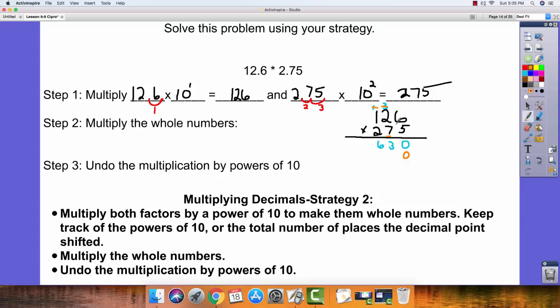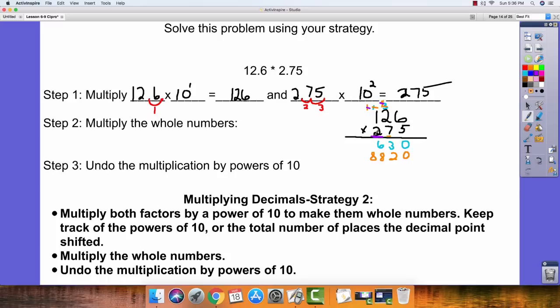So 7 times 6 is 42. Put down my 2, carry my 4. 7 times 2 is 14, plus 4 is 18. 7 times 1 is 7, plus 1 is 8. So there's my second product. And now finally, since I'm multiplying a 3-digit by a 3-digit number, I need to multiply my 2 in 275 by all the digits in 126.